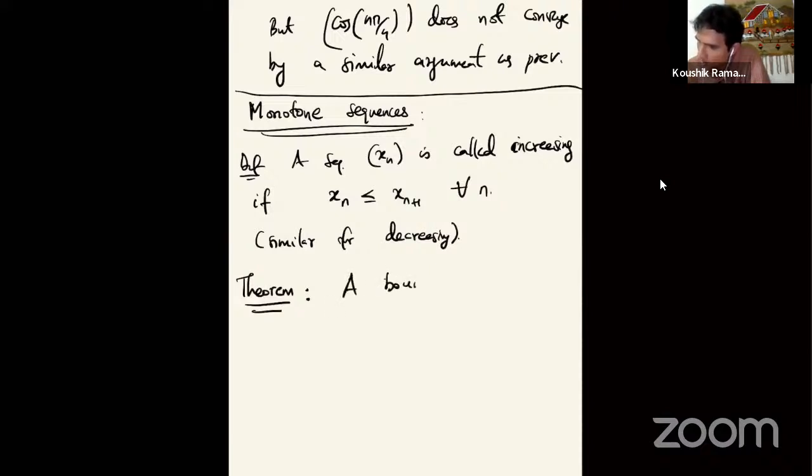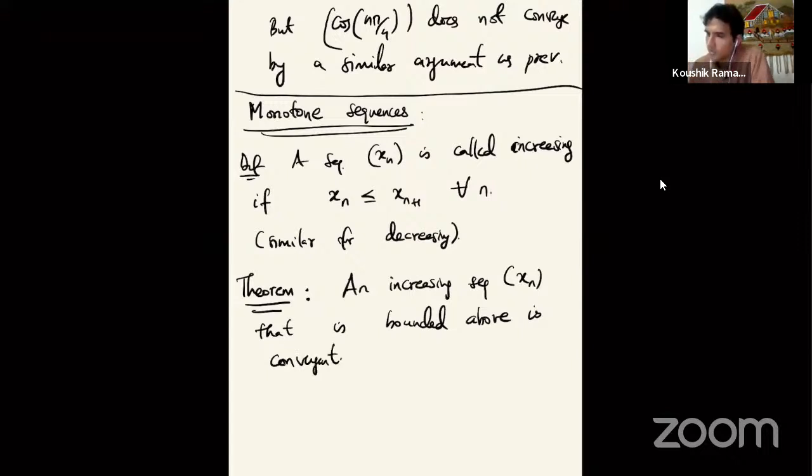let's say bounded above. Okay, so let me write it this way. You can form the analogous statement for the other one. An increasing sequence x_n that is bounded above is convergent.